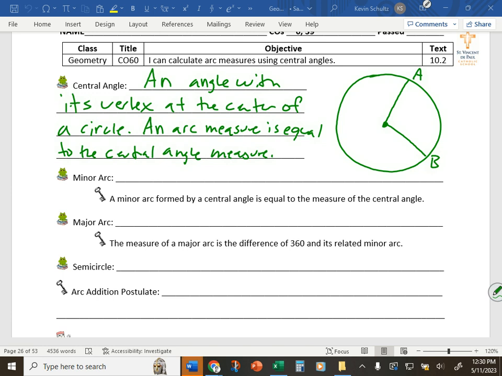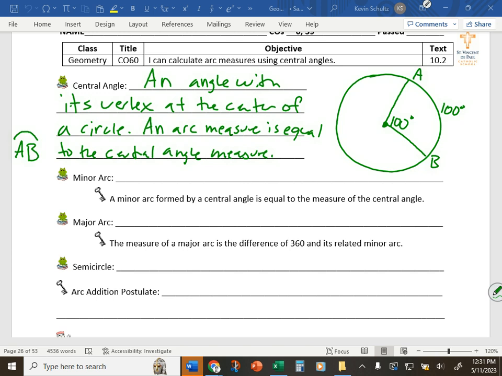So if you were told that this angle measure is equal to 100 degrees, then we would know that arc AB, this arc measure, is also equal to 100 degrees. You notate an arc like a segment, with the endpoints and an arc over them. That refers to the measure of the arc. The arc measure and the central angle measure are congruent.